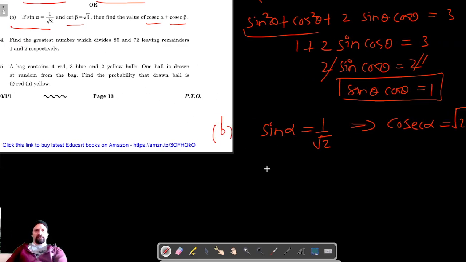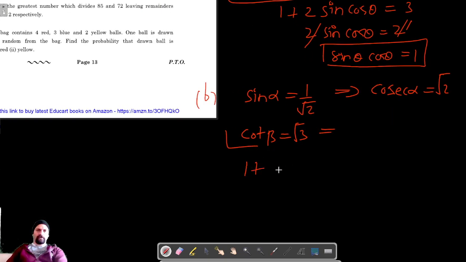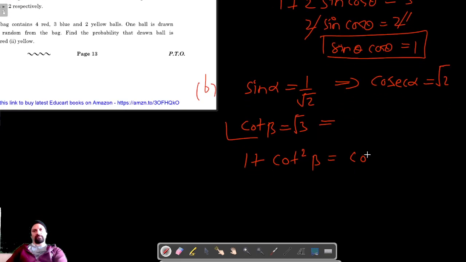Now cot beta is root 3. And we know that 1 plus cot square beta will give us cosecant square beta.